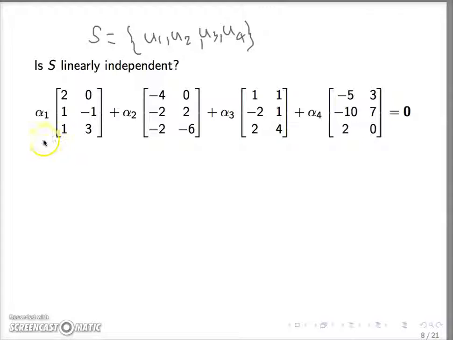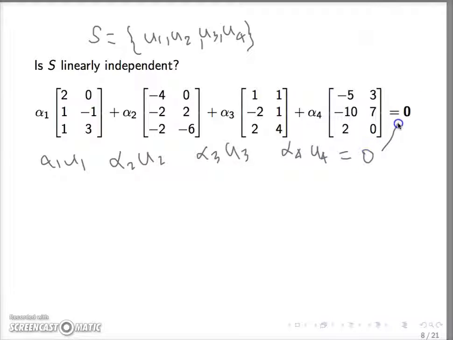And so what we're writing here looks like alpha 1 U1 plus alpha 2 U2 plus alpha 3 U3 plus alpha 4 U4, and this is equal to 0, where 0 is the 0 vector in the vector space.